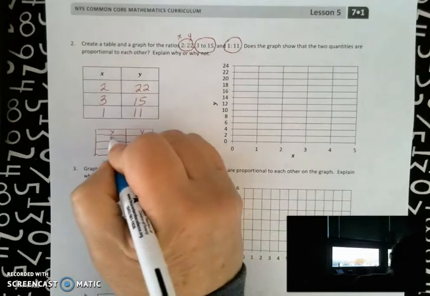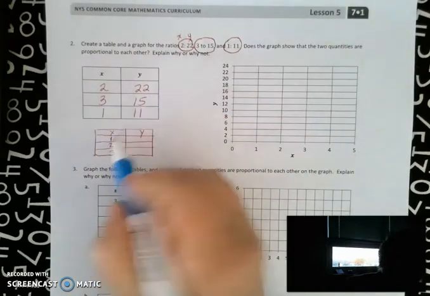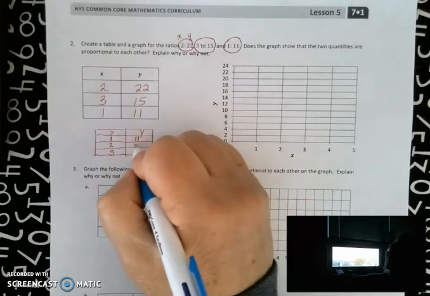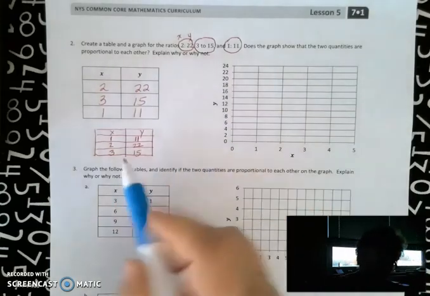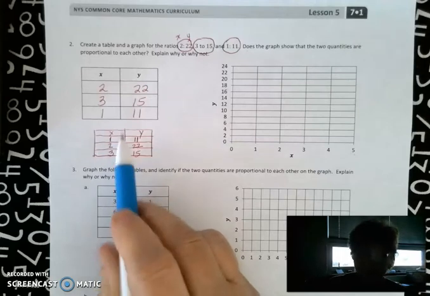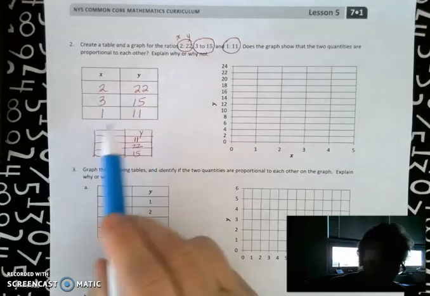They like to trick you sometimes and not have them in numerical order. 1 went with 11, 2 went with 22, and 3 went with 15. Because if you see this right here, you can immediately start to see, do I have constants? A lot easier than when they're kind of mixed up.